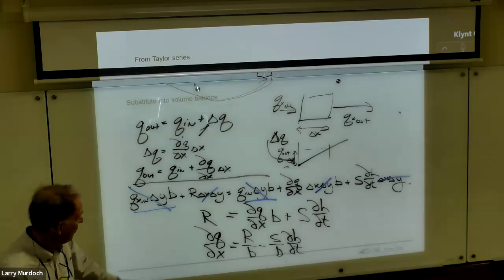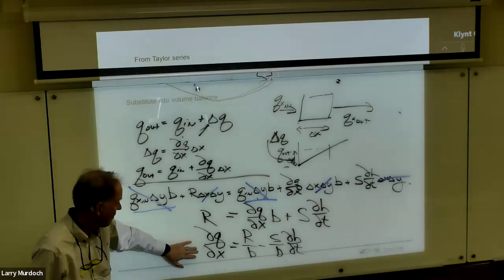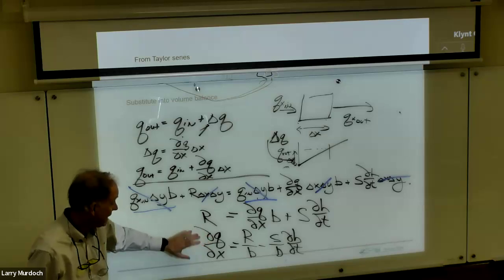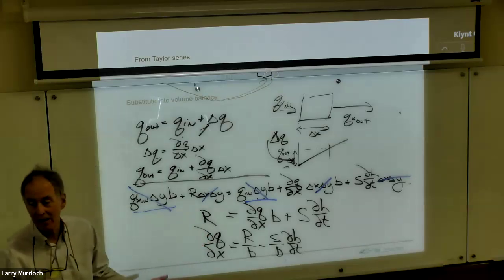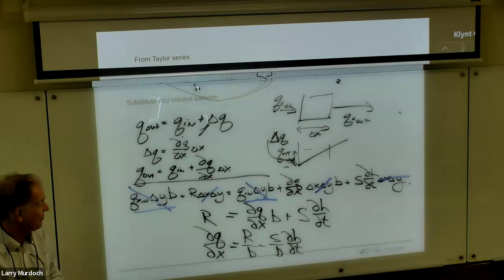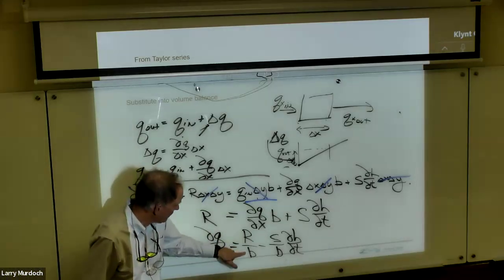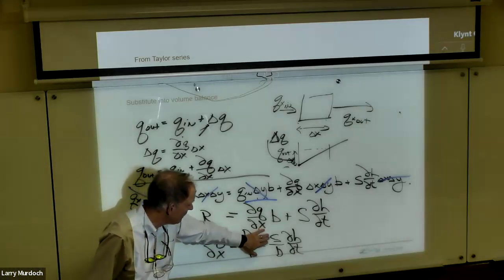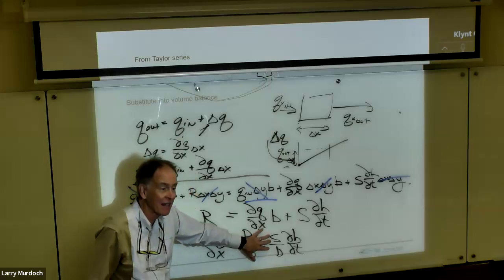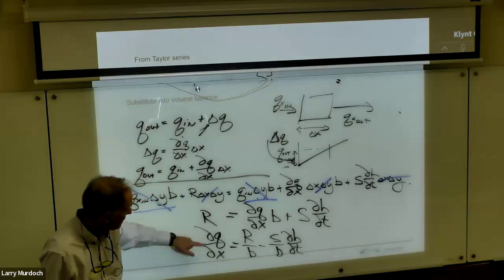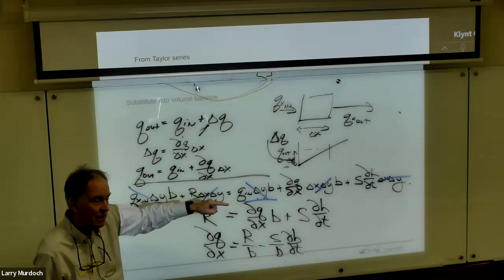Okay. So this is a differential equation, and it is really just the rule that mass is conserved over this little control volume. This is the recharge divided by the thickness, storativity divided by the thickness. We saw last time that's specific storage. This is how the flux is changing in the X direction.